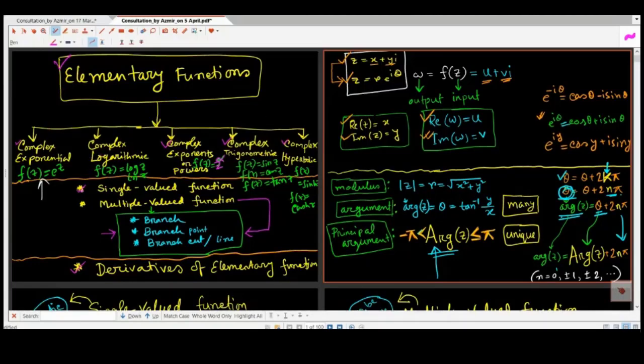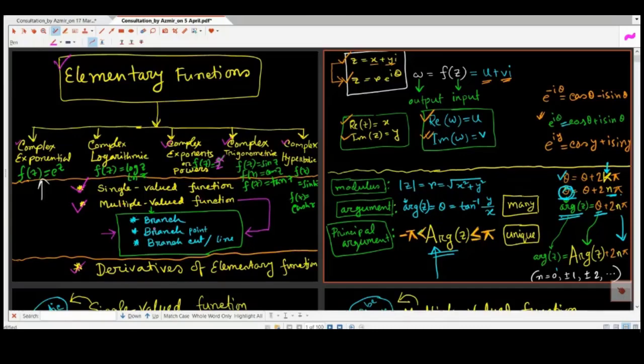Besides this, we have to know how we can define single valued function and multiple valued function. So remember, whenever we have multiple valued functions, at that time we will see some terms. These are known as branch, branch point, branch cut, or line. So these three terms are only applicable for multiple valued function.